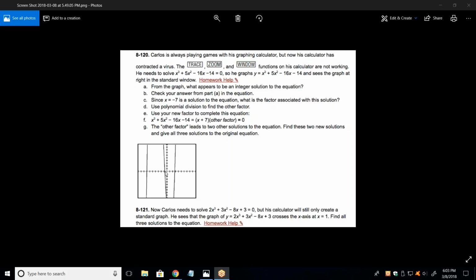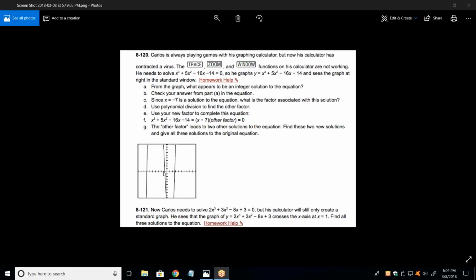Wouldn't it be the other point, like the far left point on the x-axis? 1, 2, 3, 4, 5, 6, 7. You're absolutely correct. In other words, there appear to be 3 x-intercepts, which is what you would expect. -7 is going to be one of them.